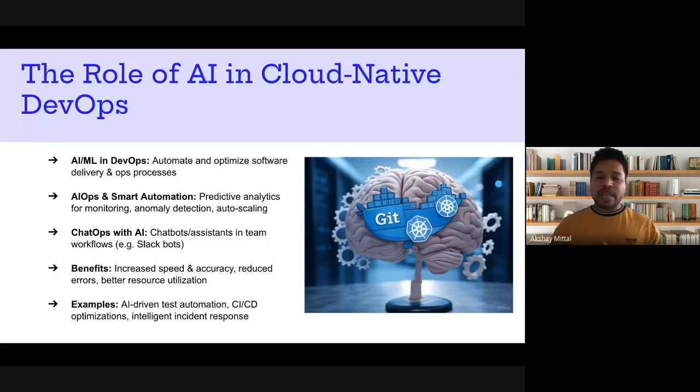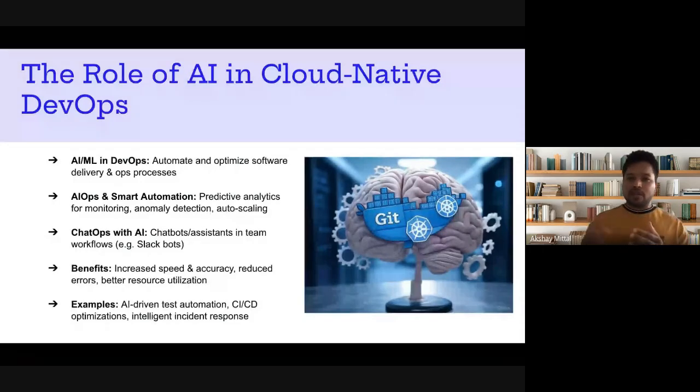Concrete examples of AI are AI-driven test automation, optimizing the CI/CD pipeline to improve the metrics and do what it's supposed to do smartly, yet efficiently, saving time in terms of running tests. If you're a developer, the test suite keeps growing, right?